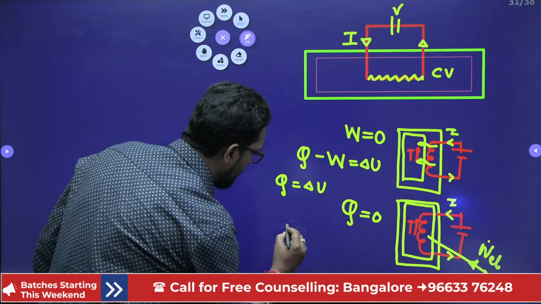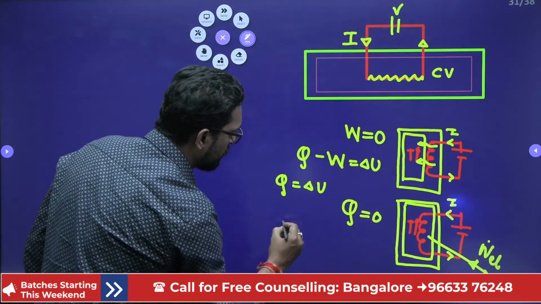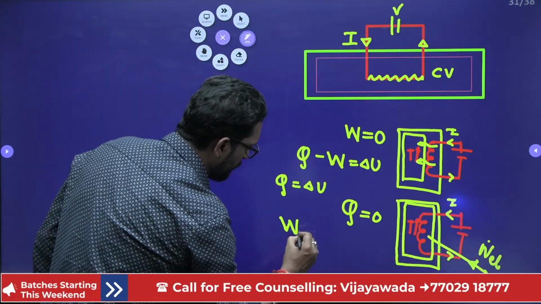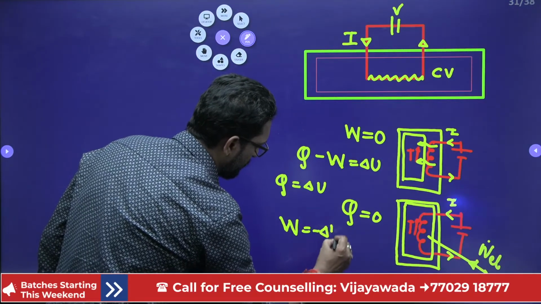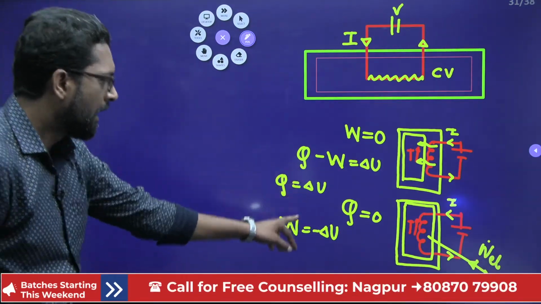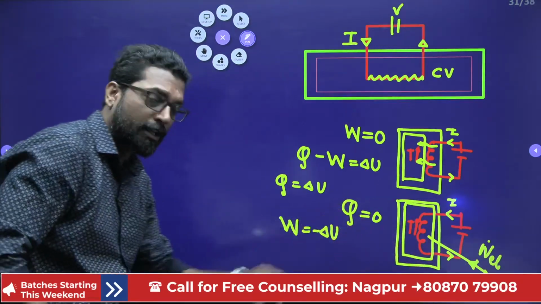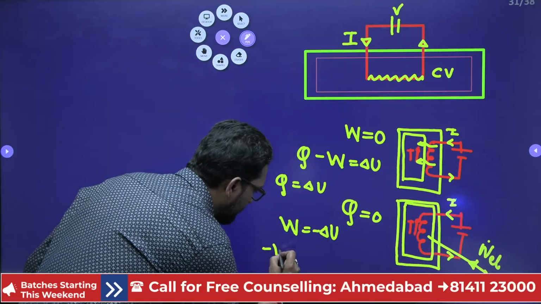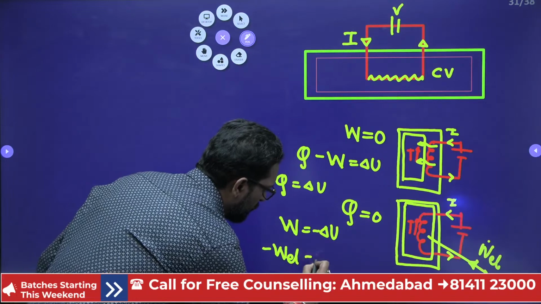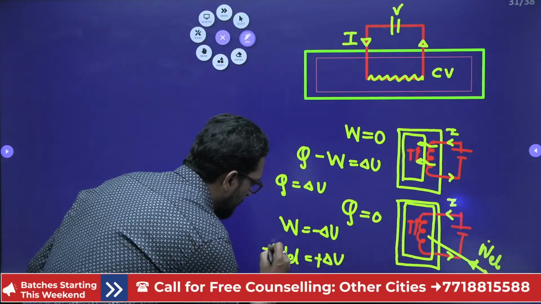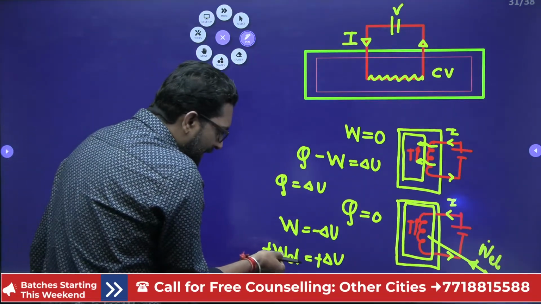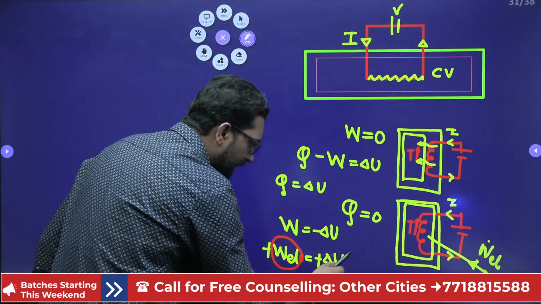Second case, Q is equal to 0, that means W is equal to minus delta U. And the work is into the system, so minus W electrical is equal to minus delta U. The minus signs cancel.